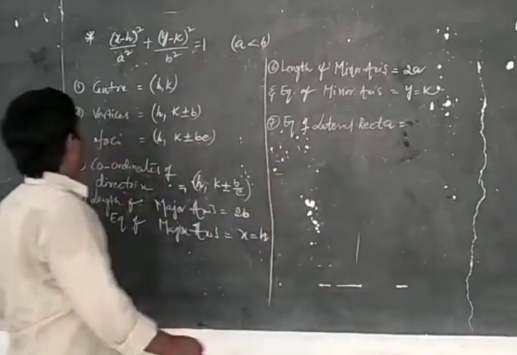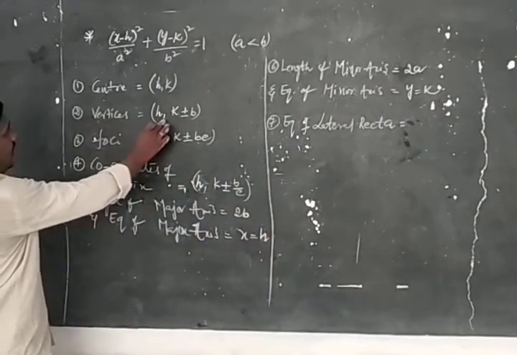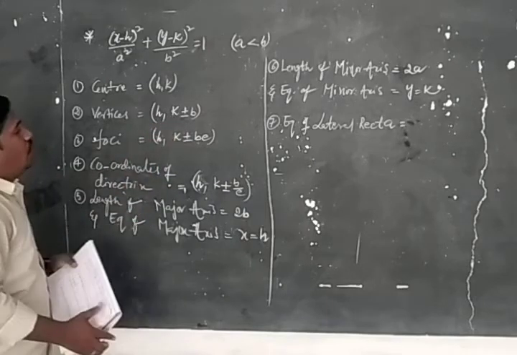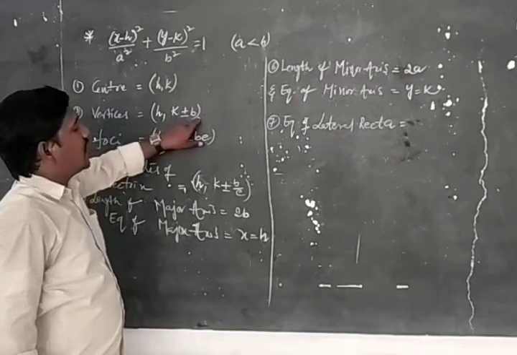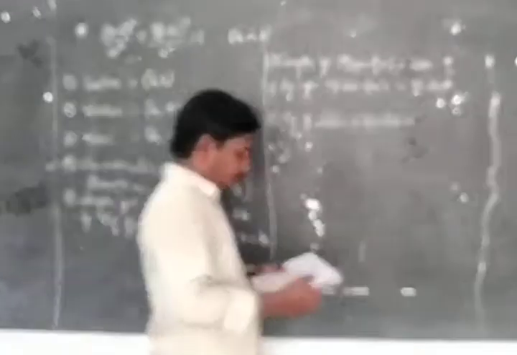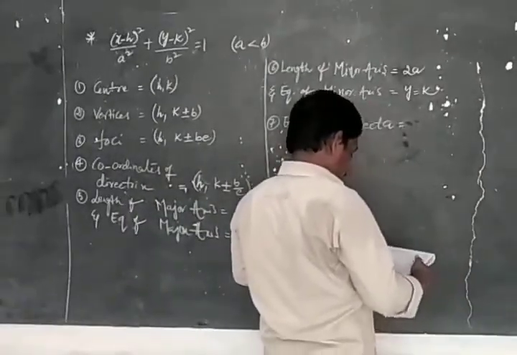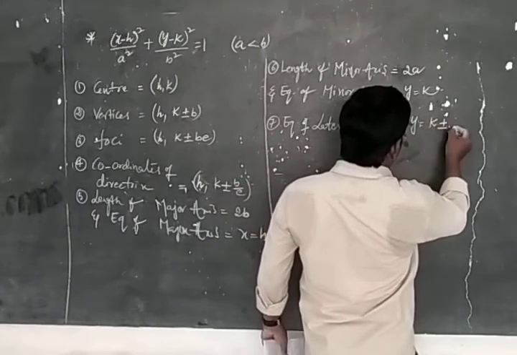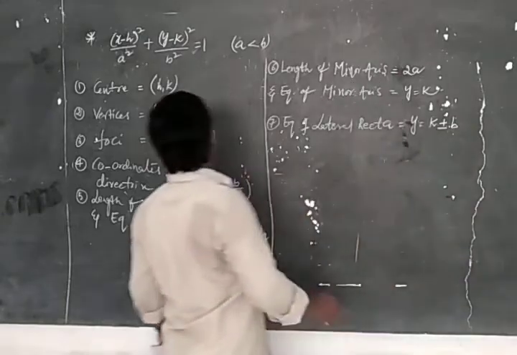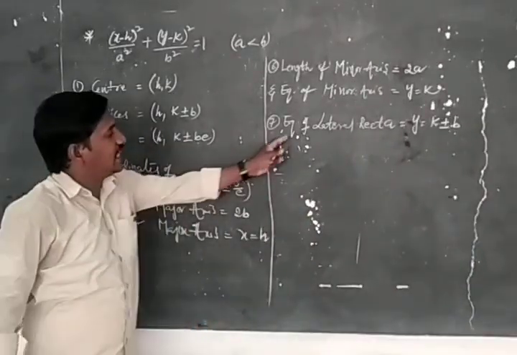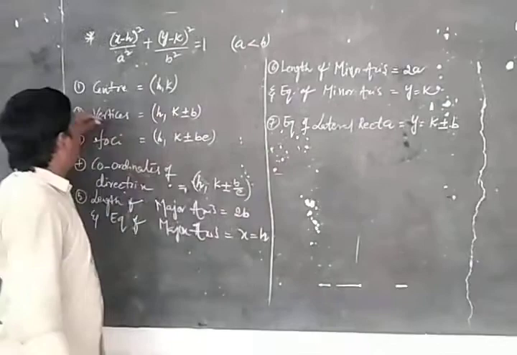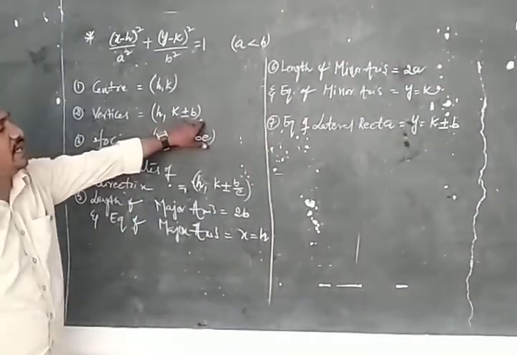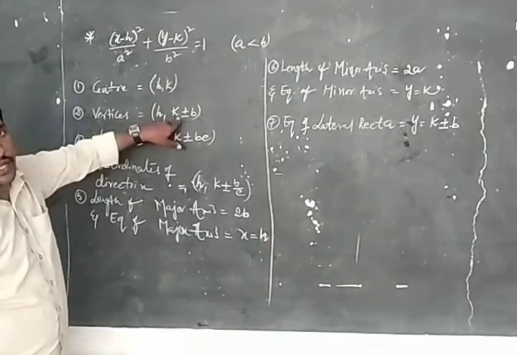Here y equal to k plus or minus b. So we have to take equation of lateral recta from the vertices. What is the y coordinate here? K plus or minus b, y equal to k plus or minus b.